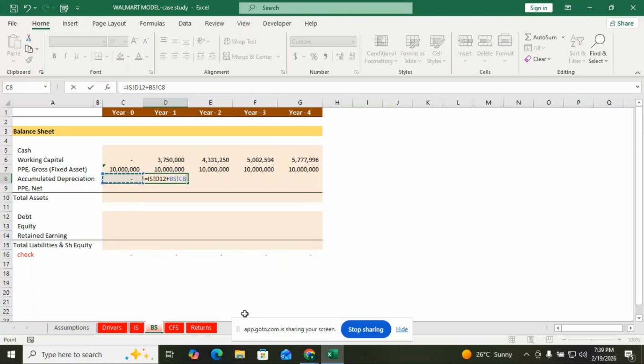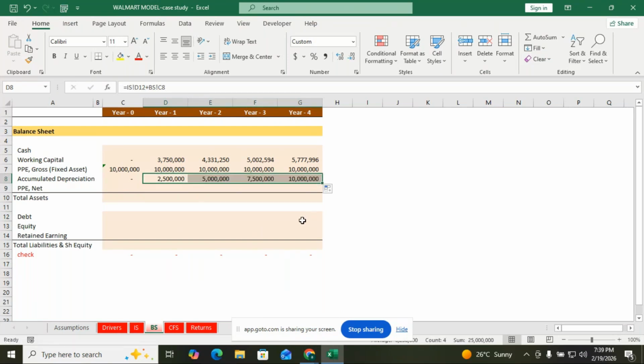So it comes to 25 lakh. IS means income statement, BS means balance sheet. So plus your balance sheet value, give the cell referencing here, and once you press enter, you get the value. For the rest, you can just drag it to calculate the accumulated depreciation for the rest of the period.